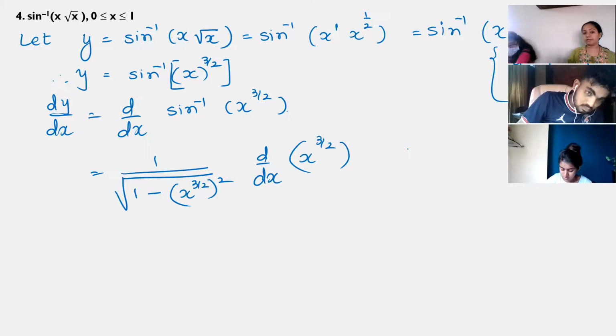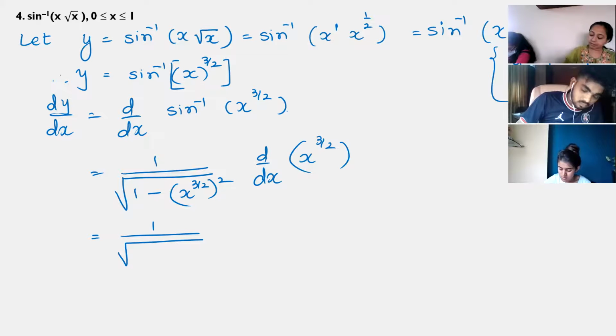It is not x, it is x to the power 3 by 2. I know how to use the power thing. Here x to the power 3 by 2 is multiplied with, again, the power is 2, that means they multiply, 2 will get cancelled, and the answer is x cube, which is simple, 1 minus x cube.